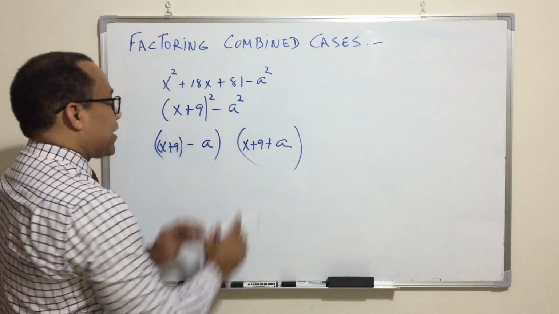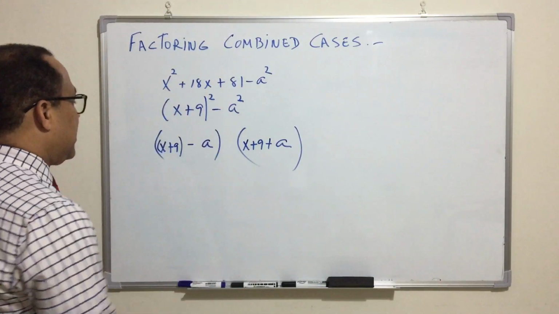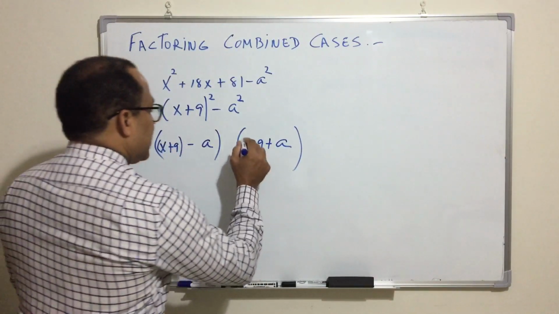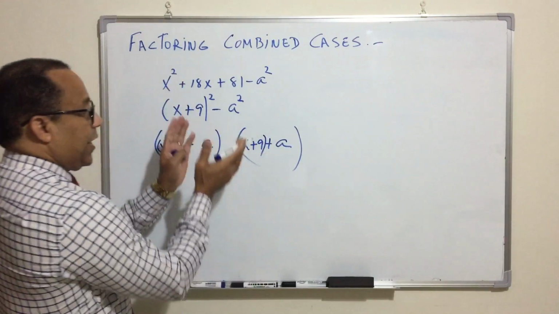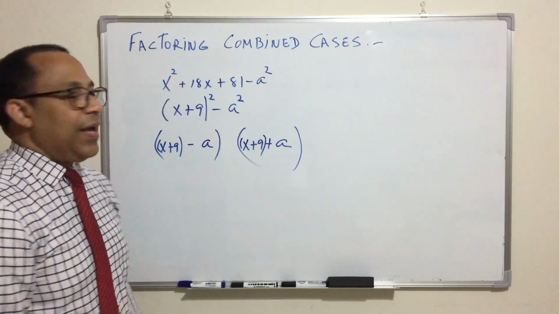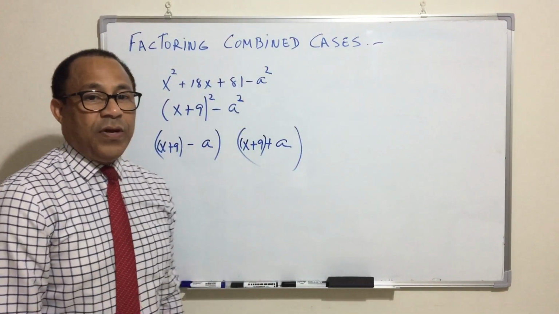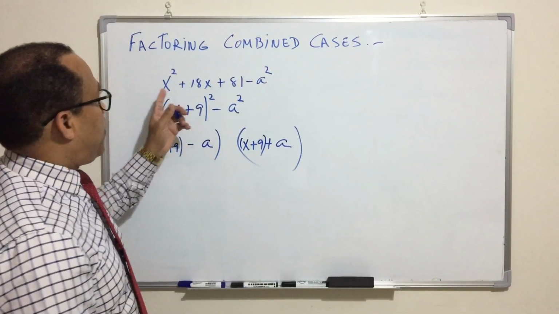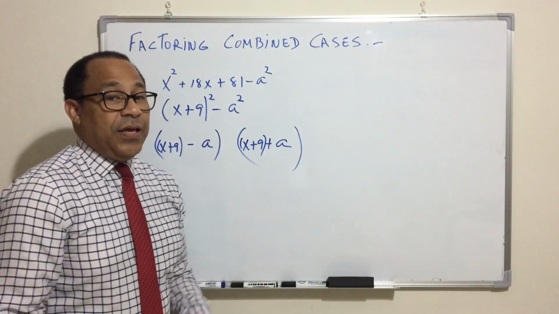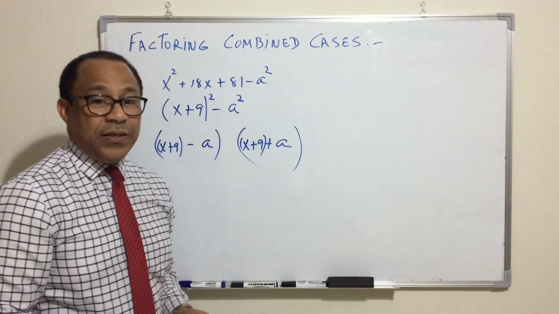It is already factored. X plus 9 to the second minus a to the second is x plus 9 minus a times x plus 9 in parentheses plus a. And this is the way you factor this combined case of factoring a perfect square trinomial and a difference of squares.